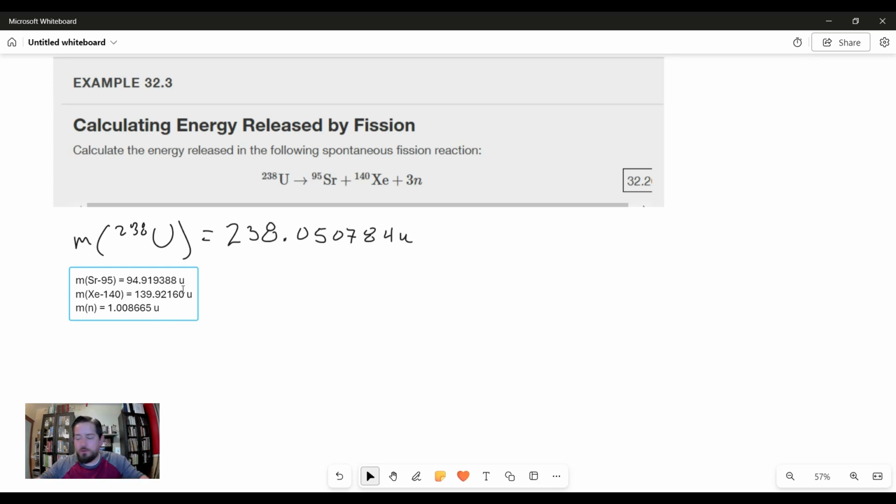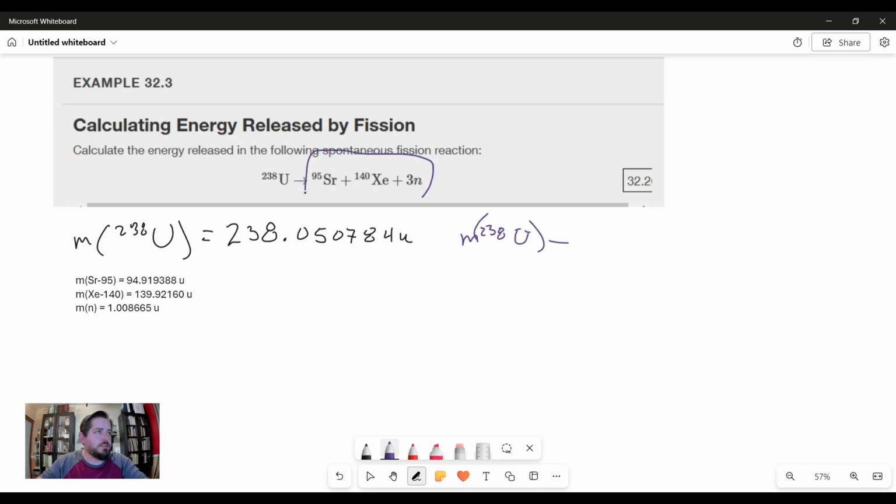And all I really need to do then is find the mass difference between the uranium and the products. I want to find the mass of uranium-238 minus the mass of everything else, so the mass of the products added together.